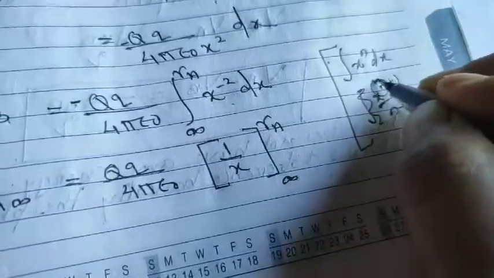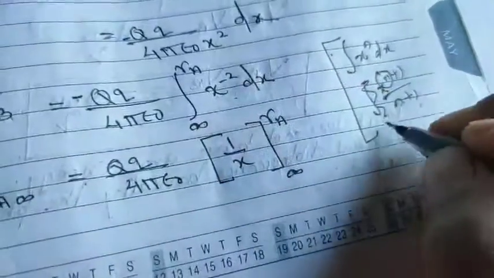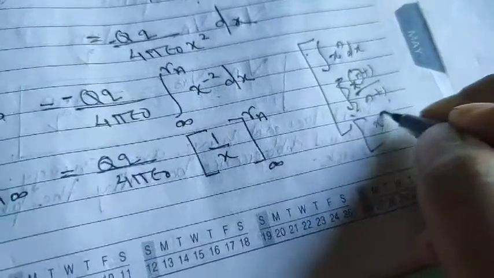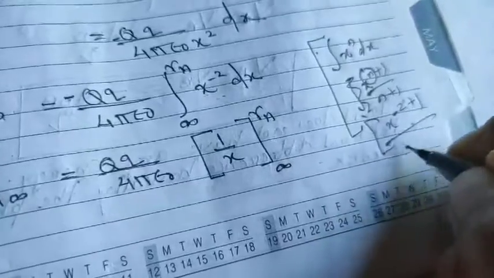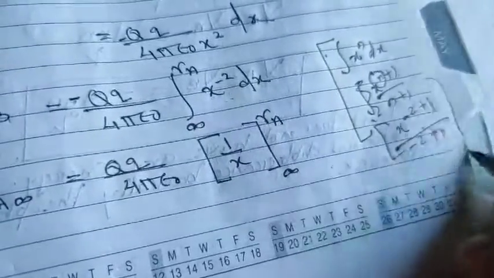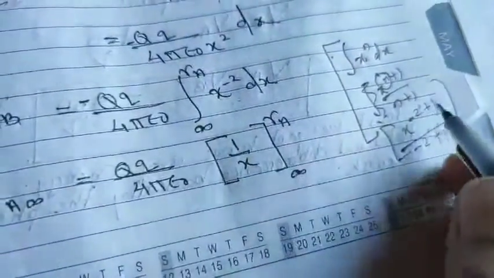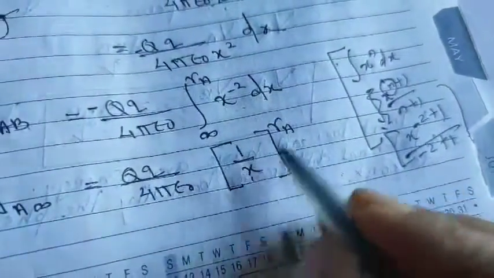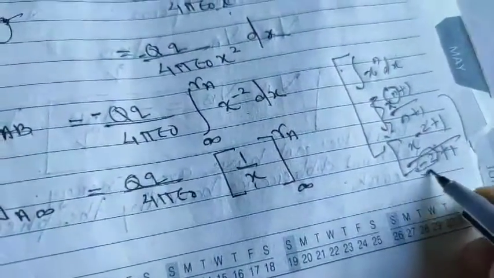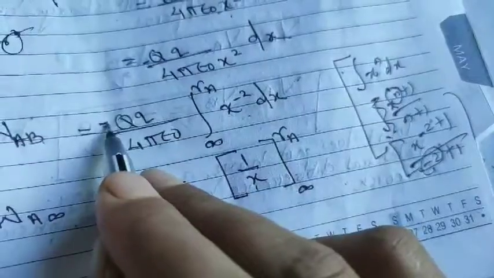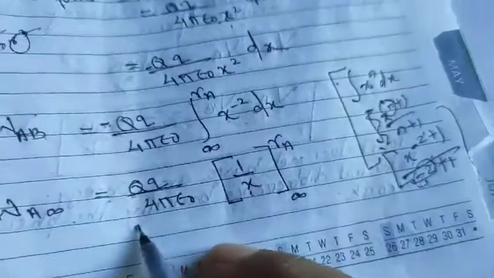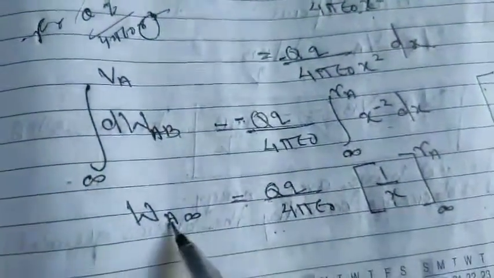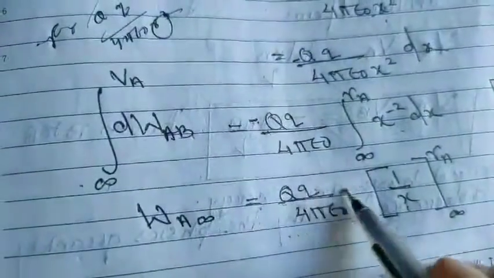Here n is nothing but minus 2. You see, x^(-2+1) by minus 2 plus 1 is how much? x^(-1), that is 1 by x, and one negative sign we have created here. Already one negative sign is there. So negatives cancel. You got the work done from infinity like this.